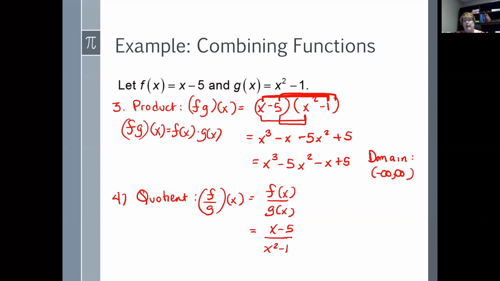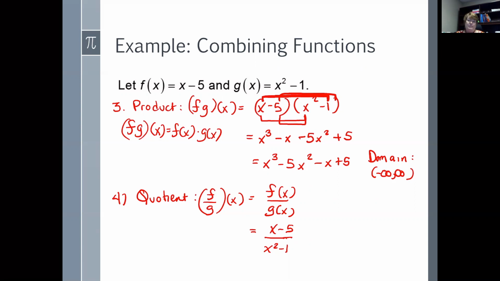So now I am going to have a restriction on my domain because there are values I can substitute in for x in this function that would cause the denominator to be equal to 0. I could just look at that and probably figure out that if I plug in 1, that's going to be a problem. If I plug in negative 1, that's going to be a problem.